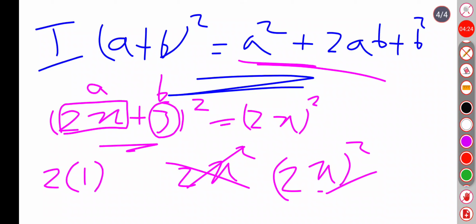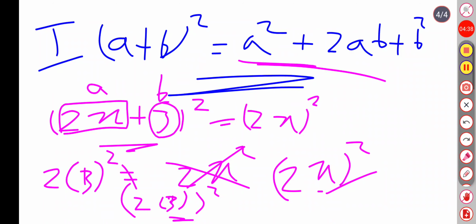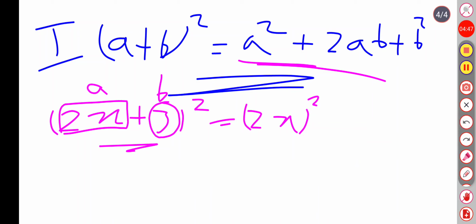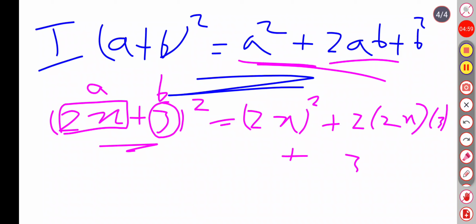2 into 1 square is not equal to 2 into 1 the whole square. Or 2 into 3 square is not equal to 2 into 3 the whole square. So we need to check those minute details. So 2x square plus 2ab is 2 into 2x into 3, plus b square, that is 3 square.